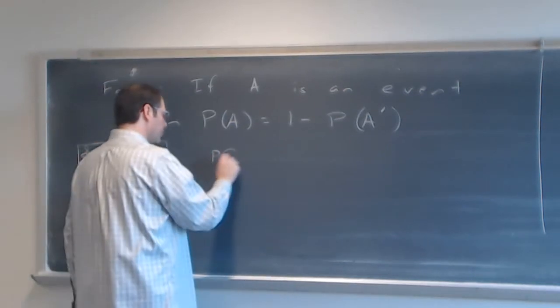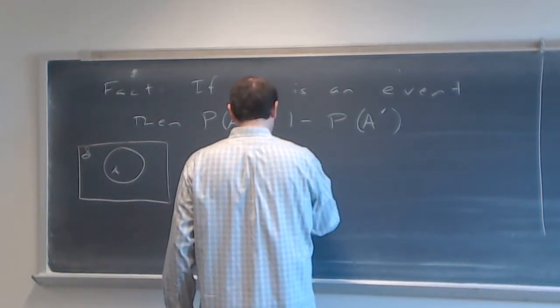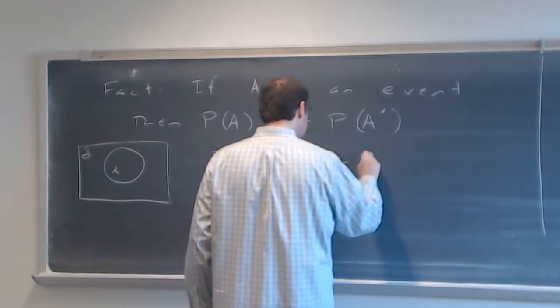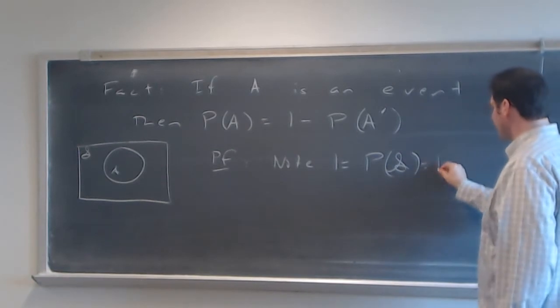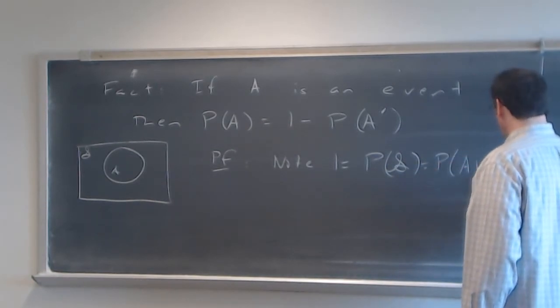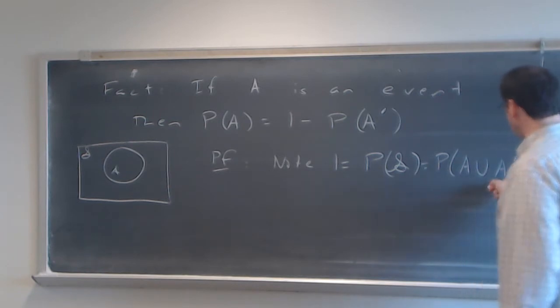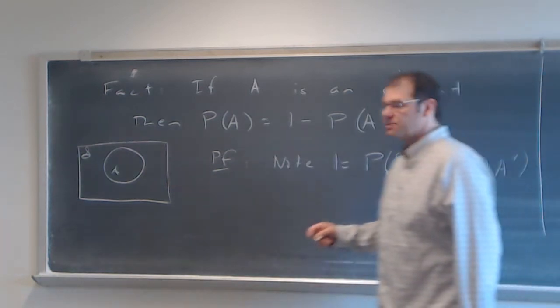But here's the proof of it. So, first of all, note that 1 is equal to the probability of the sample space. Then we can rewrite the sample space as A union A complement. Remember, A complement is everything that's not in A, that's in our sample space. And these two sets are disjoint.